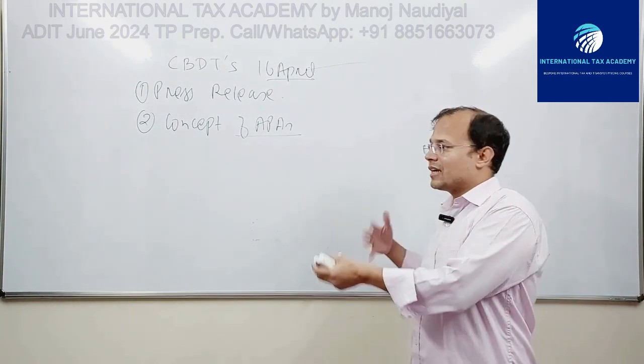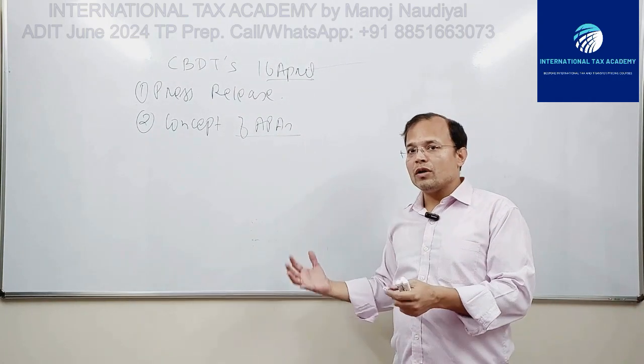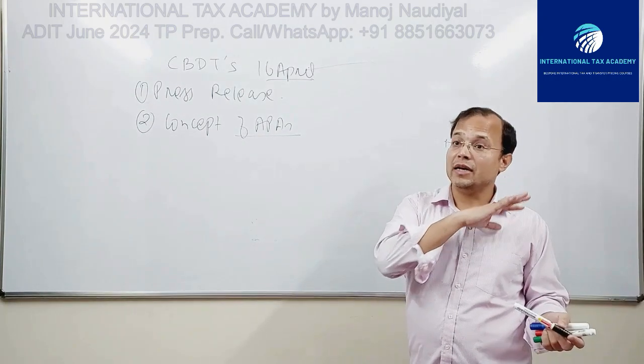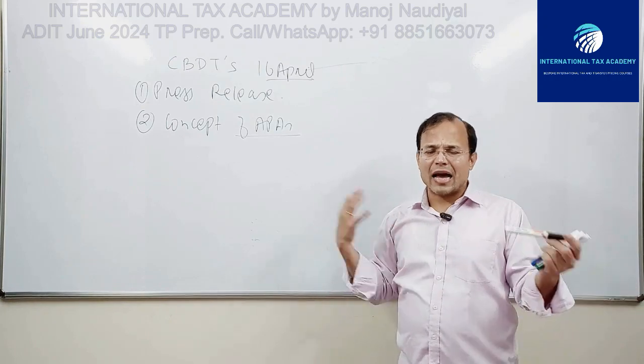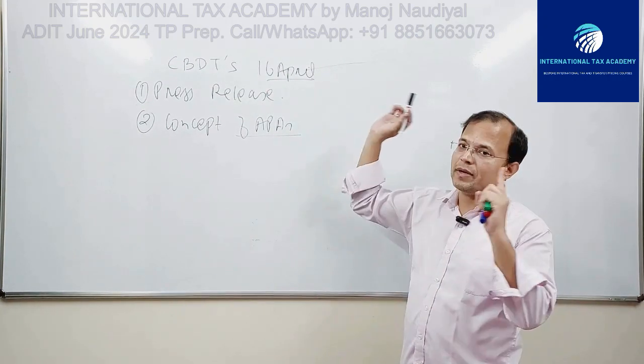So International Tax Academy's current batch, ADIT June 2024 TP preparation batch, which is running. In that batch we have covered chapter number 4 in detail, and we've covered all these procedures, mechanism that I've just now mentioned in front of you in addition to APAs. Fine.